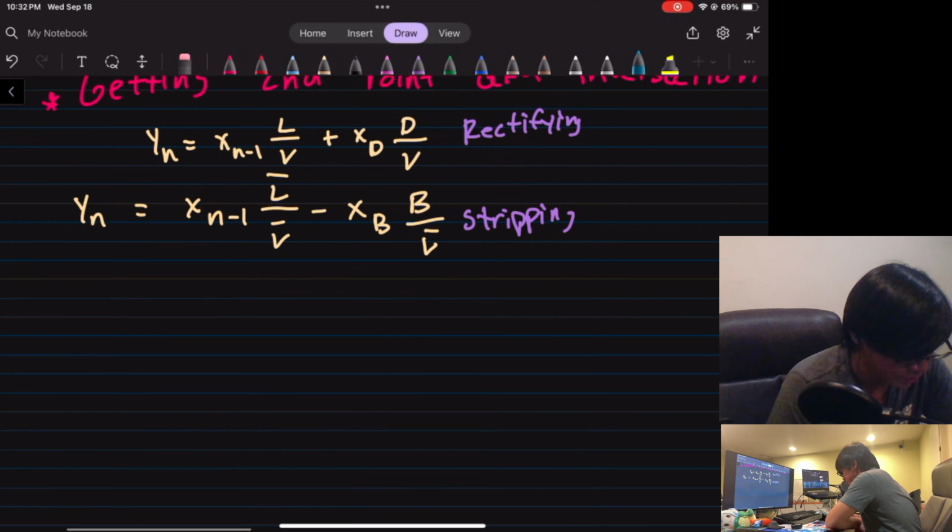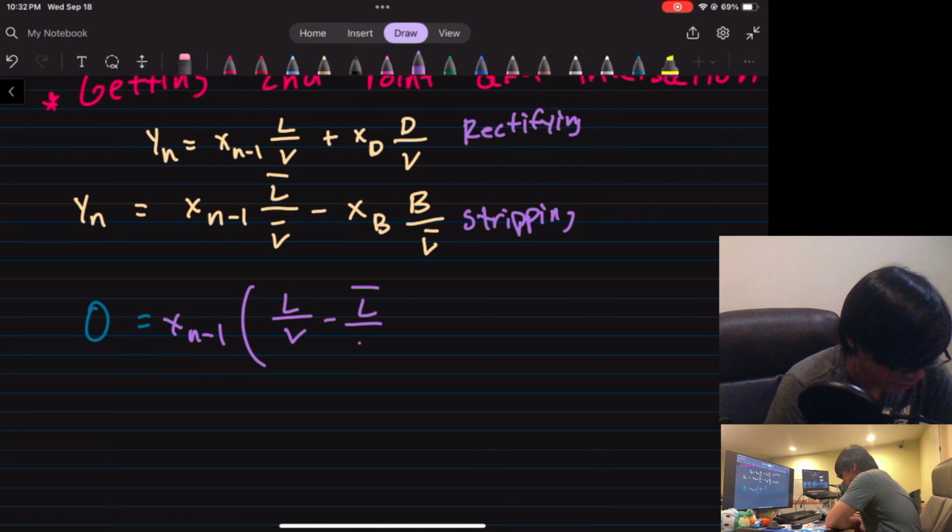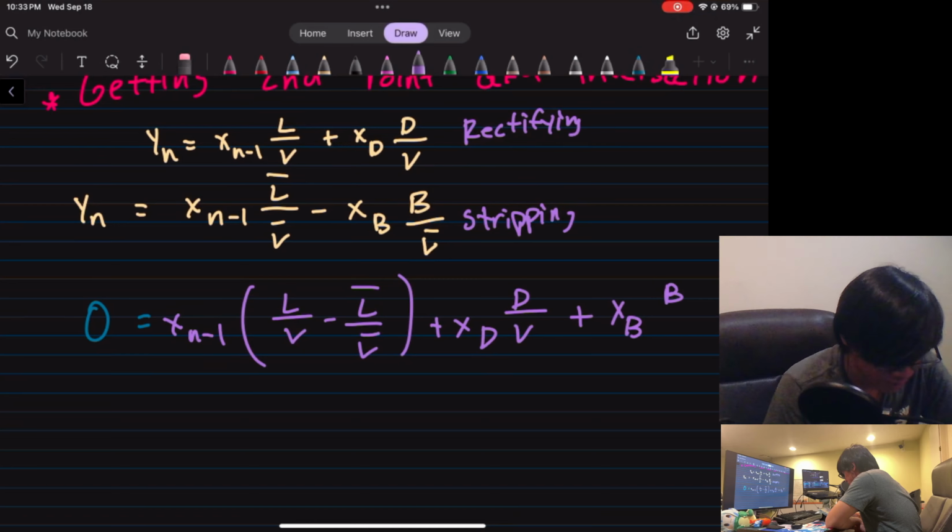So I'm just going to factor out, well, this is 0, we're subtracting, so xn minus 1. Really don't need to call this xn, but I have it as xn minus 1, and we're subtracting. I want to keep this positive, so when I subtract, I'll have lv minus l bar over v bar, plus xd v over v, subtract the negative, xb v over v.